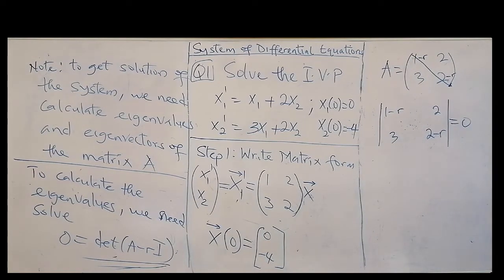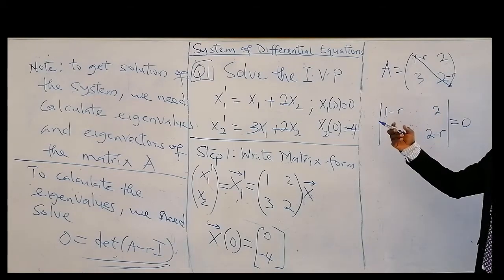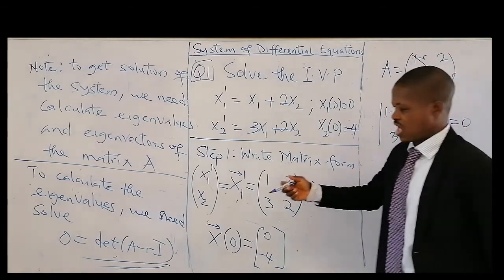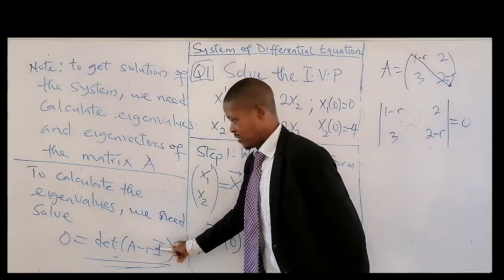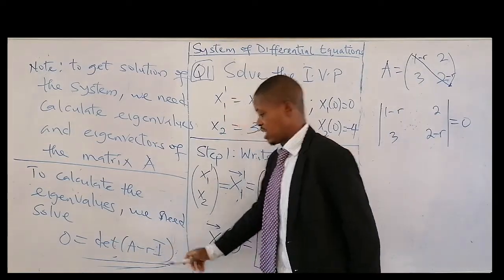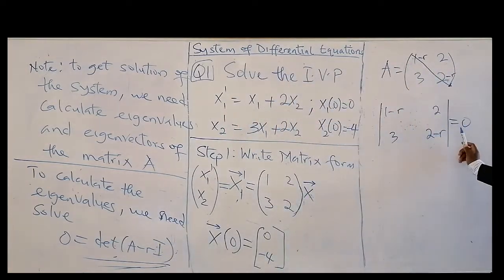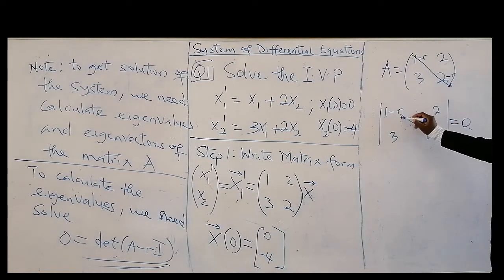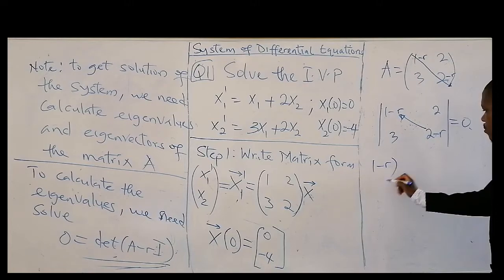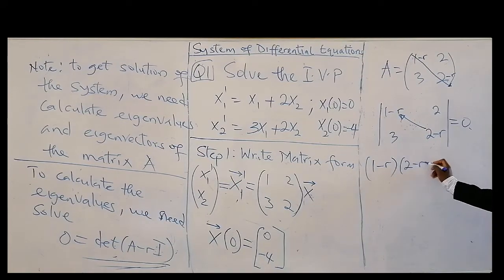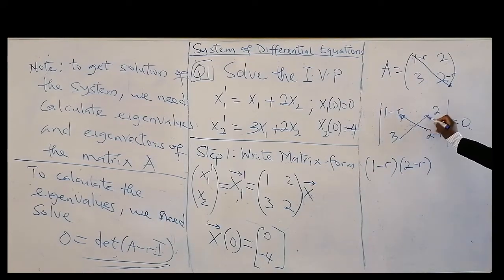Equal to 0. In my previous videos, check the channel, I've explained this. I think I made like 2-3 videos on these aspects. So this will be this times this, and then minus 3 times 2.